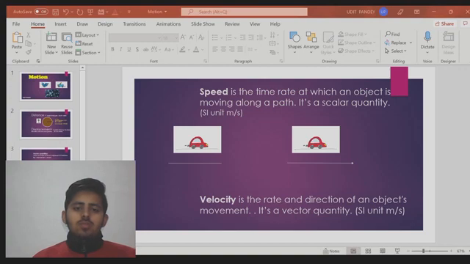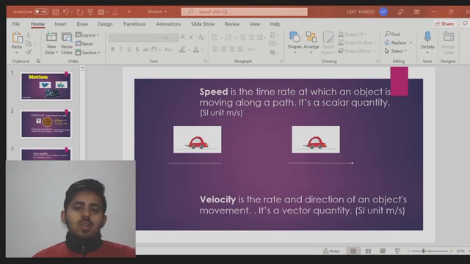I've shown two examples, a car moving along a simple line and a car moving along an arrow with a direction. Now let us know what speed and velocity basically are. Speed is the time rate at which an object is moving along a path. It is a scalar quantity as it only has a quantity, not the direction.